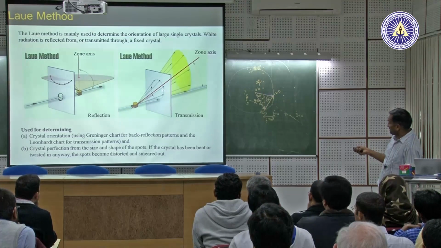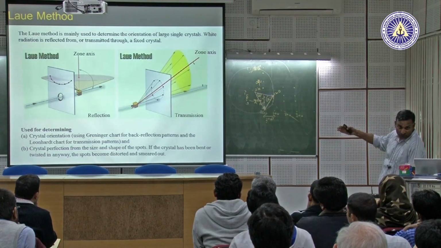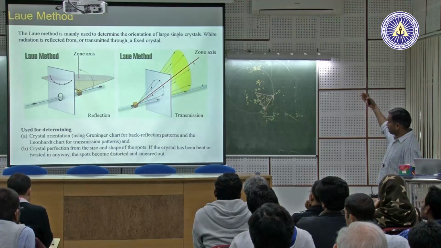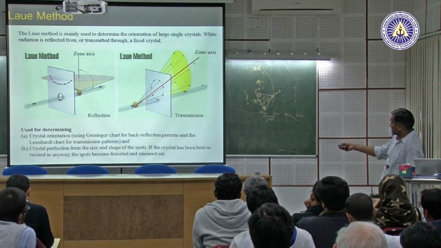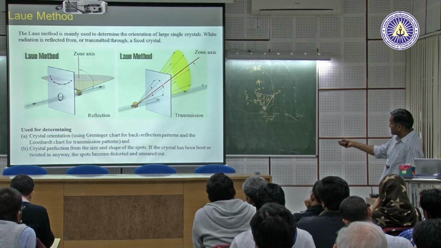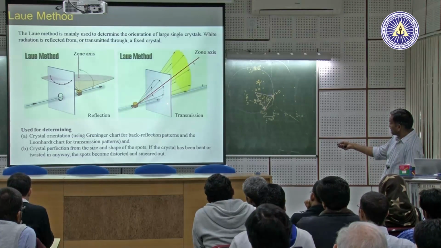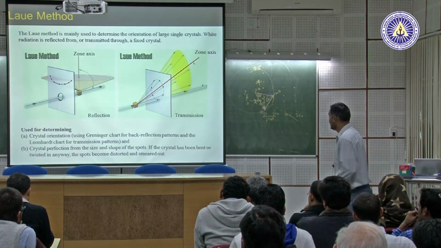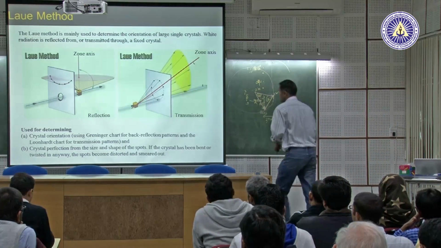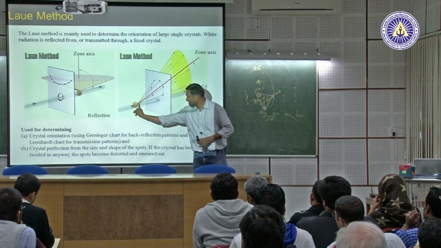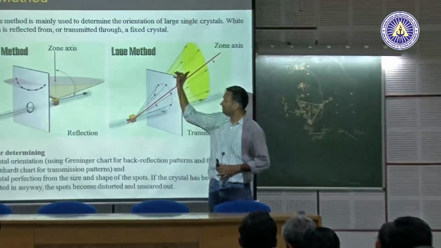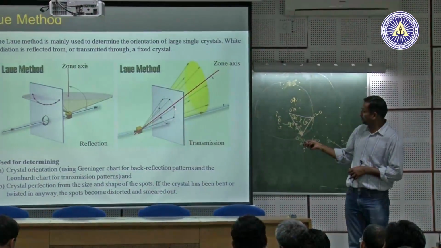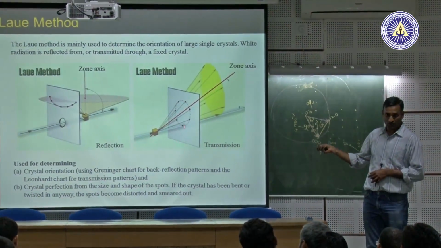They go in the forward direction, and when you put a screen after the sample on the exit side, the diffracted beam intersects the screen. One of the features formed is in the form of a cone. And the central axis of this cone, formed on the screen, is the zone axis to all the planes which lie on the surface of this cone.